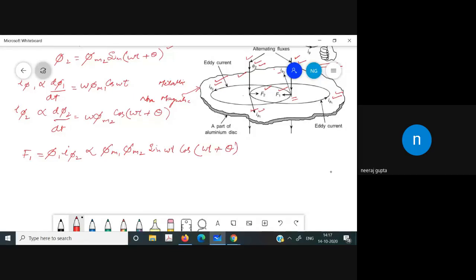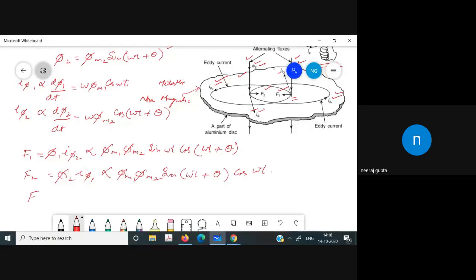Again, F2, the interaction of phi2 with I phi1, is proportional to phi m1 phi m2 sine of omega t plus theta cos of omega t.